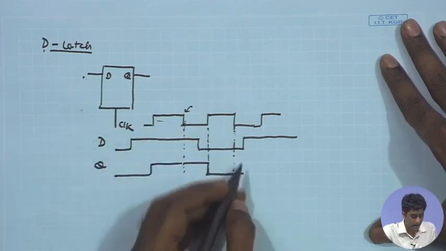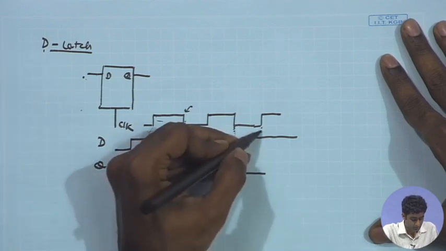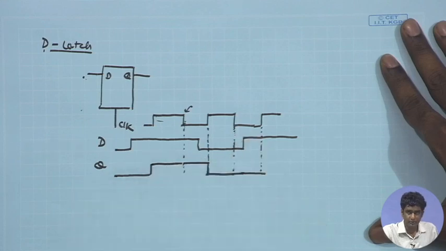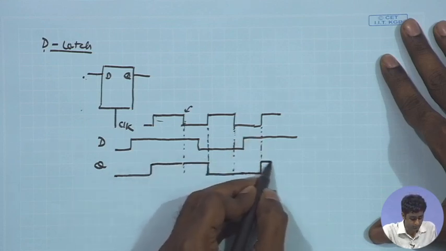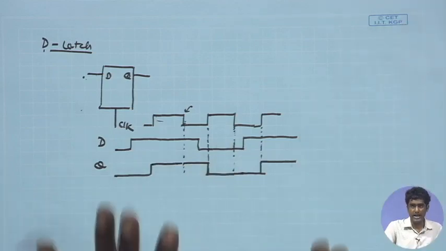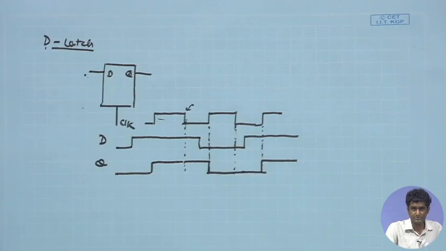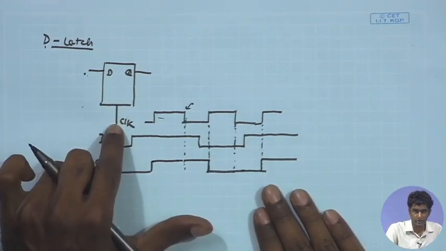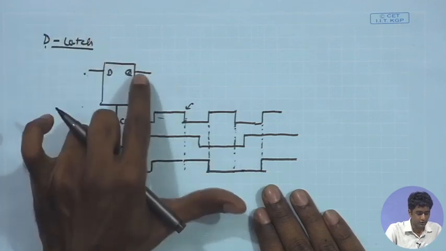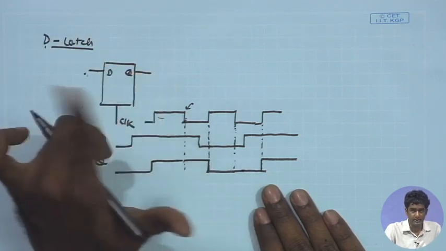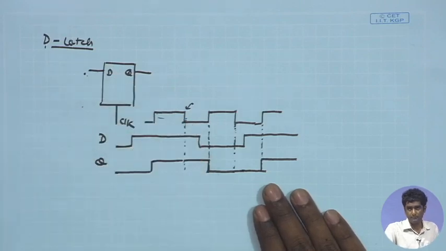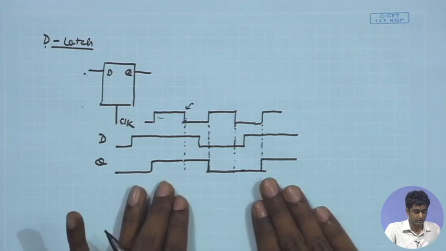And once again, after the clock goes high again, Q will be connected to D and will be copying the value that is available at D. So, this is the overall latch operation. The latch becomes transparent when the clock is high, and it disconnects D and Q, and Q retains the level that was available at the falling edge of the clock. This is the operation of a latch.